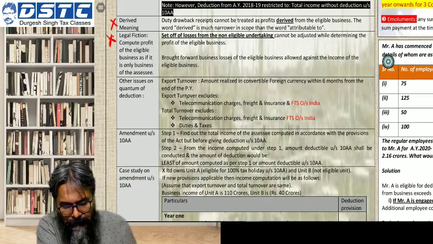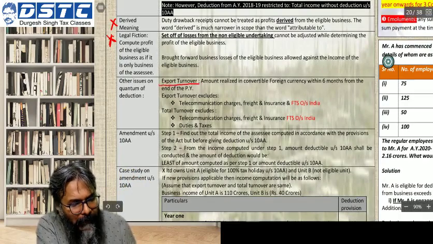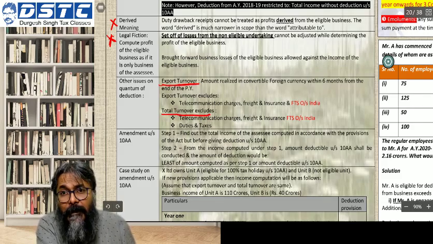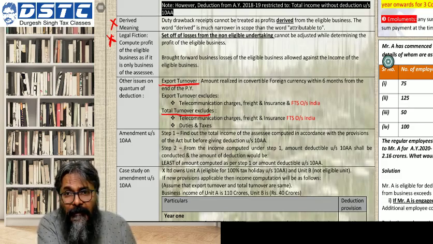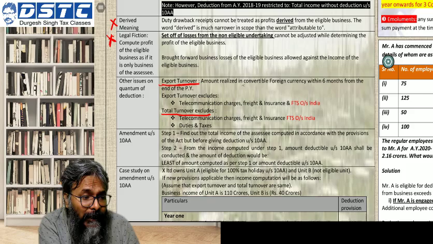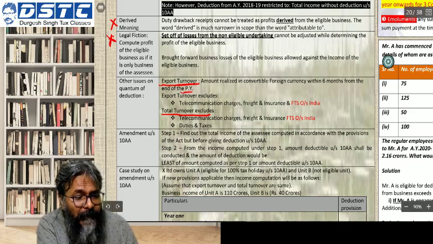Now other issues: what would be covered in the export turnover and what would be covered in the total turnover. Export turnover is the amount realized in convertible foreign currency within 6 months from the end of the previous year.